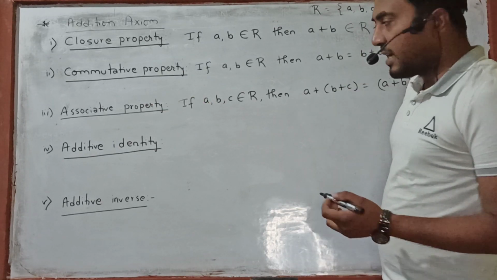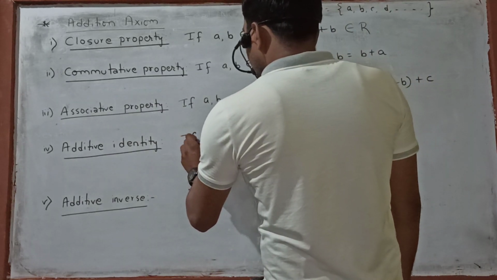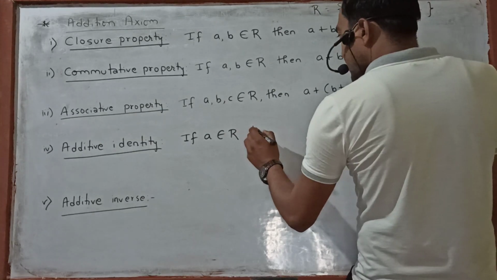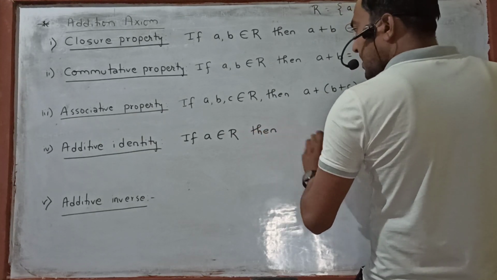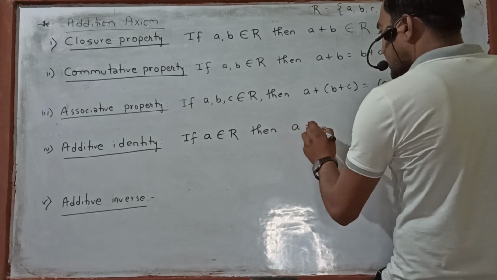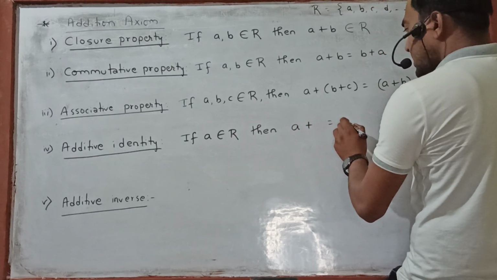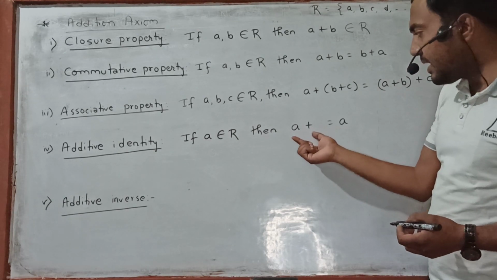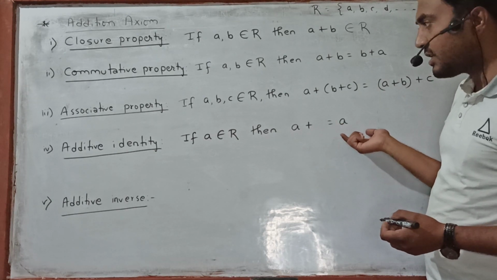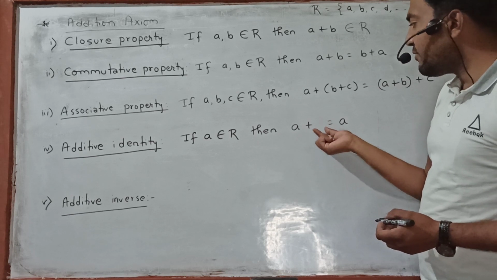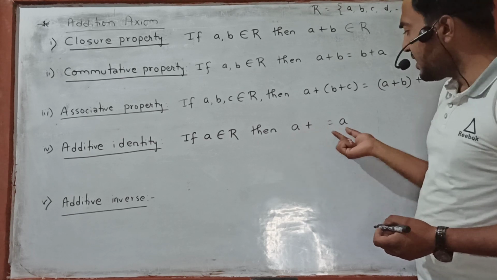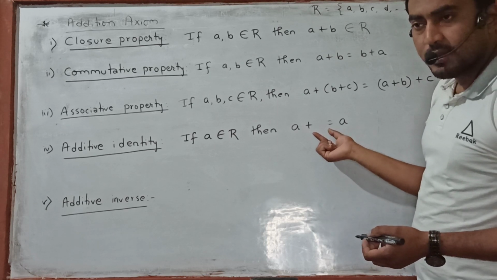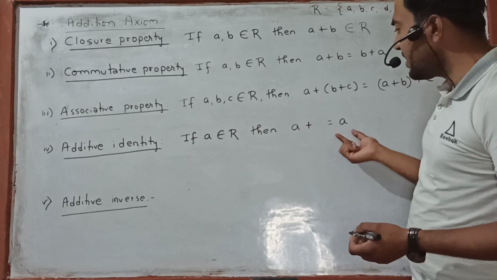Now come to additive identity. If a belongs to the set of real numbers, then in additive identity, a plus something is equal to a. So my question is, what will you add to a to get the same result? What do you have to add to a to get a?